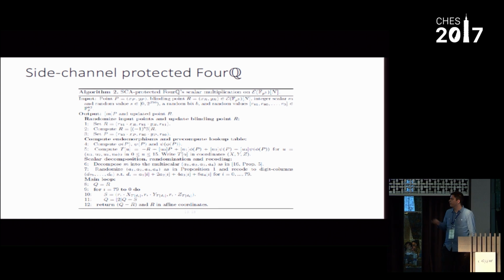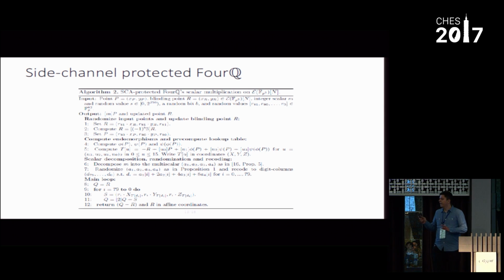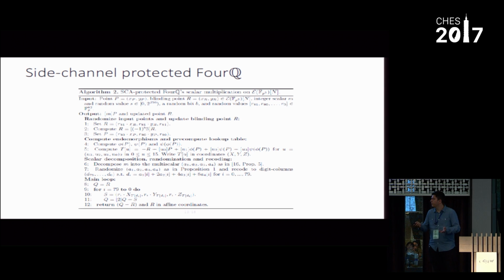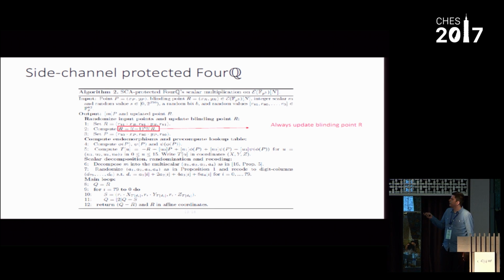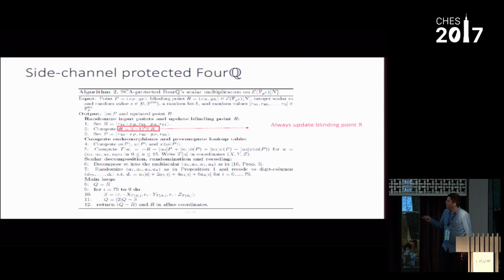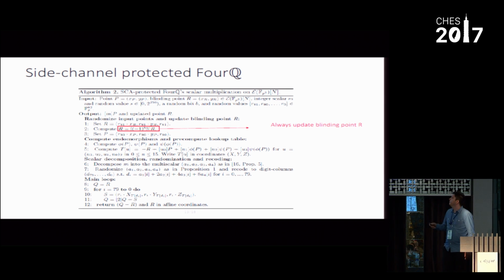So here is the main algorithm, the protected scalar multiplication. I will just highlight the main points of the algorithm where we are introducing the countermeasures. At this point, we are always updating the blinding point R. Instead of multiplying by 2 here, as suggested in the original paper, we are multiplying by 3 to avoid some correlation attacks.